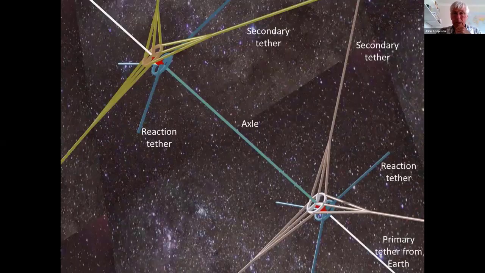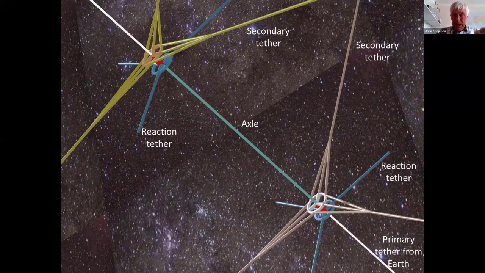So this is a picture of the arrangement. You see a wheel rotating about the primary tether with secondary tethers attached to it. You see a reaction wheel with reaction tethers on it, which deal with the gyroscopic forces, and then a second system, the same, some distance down the tether, about 1,500 kilometers down the tether, rotating in the opposite direction in order to deal with the momentum and provide a reaction mass.